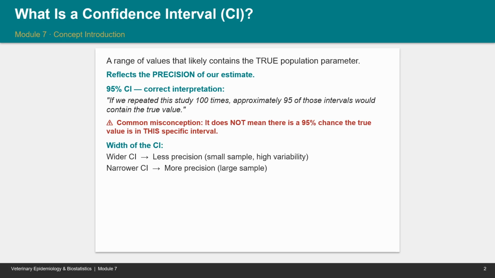It does not mean there's a 95% chance the true value is in the specific interval. That's a common misconception. What it does tell you is how precise your estimate is. Wide intervals mean uncertainty. Narrow intervals mean precision.